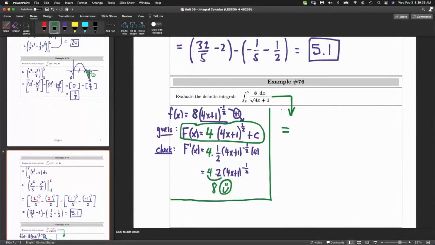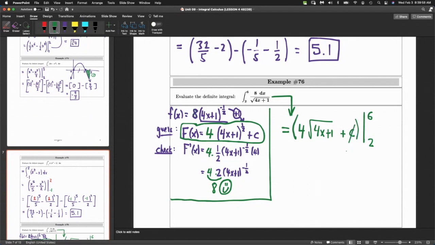So this is going to equal 4. It's this thing right here. This is a square root. So I'm going to write 4 root 4x plus 1 plus c from 2 to 6. As I mentioned earlier, you don't have to write the c because the c is going to cancel anyway.